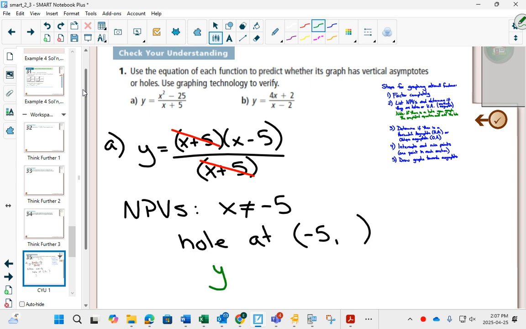And after I simplify it, and I'm going to write this in green because it connects to the green note there, that if you have a hole, you now graph your simplified equation. I'm going to put it in a green box even. This is my simplified equation, and add the hole. Well, if this is my new equation, when x is minus 5, minus another 5, that would tell me my y coordinate is minus 10 for my hole.